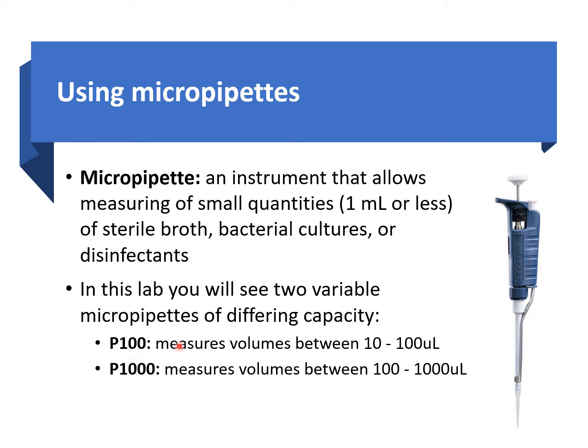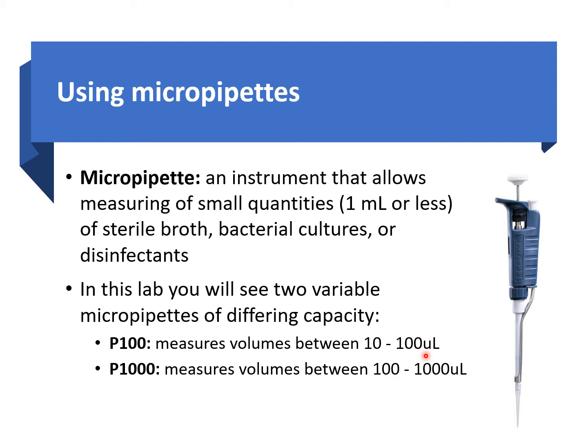The P100 can measure amounts of fluid between 10 microliters and 100 microliters. So the minimum amount of liquid it can measure accurately would be 10 microliters, and the maximum would be 100 microliters.